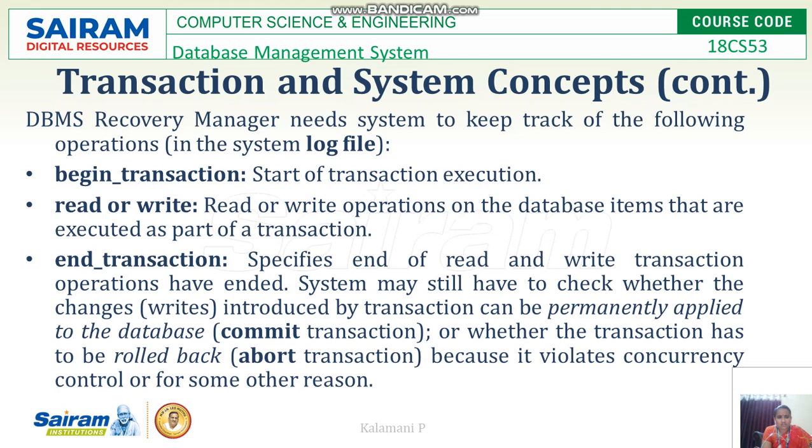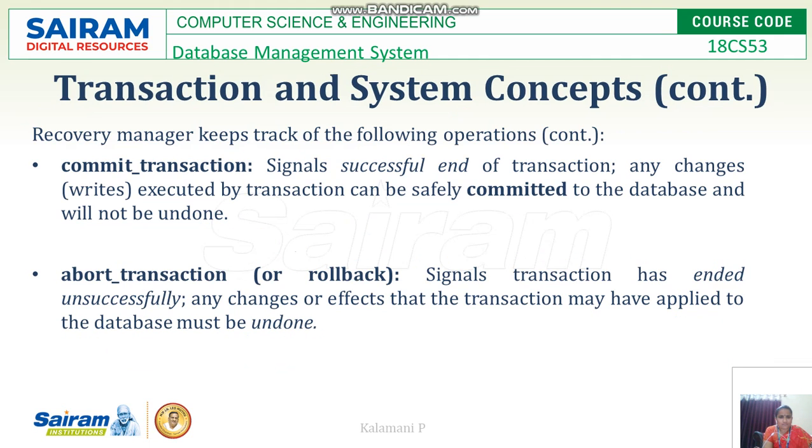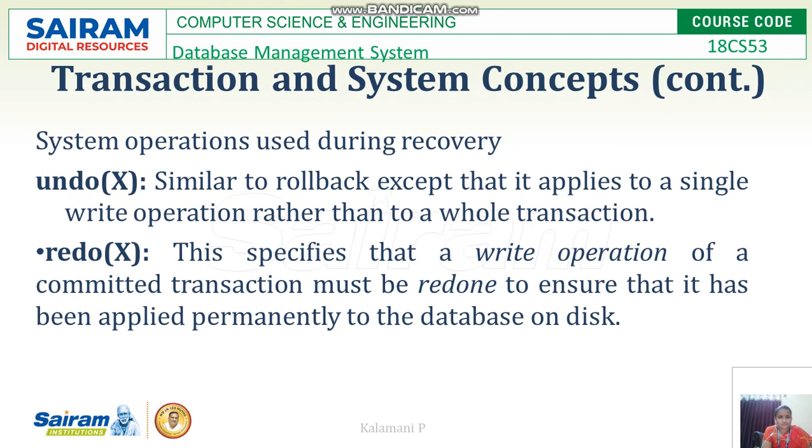Everything is stored in the log file. The recovery manager also keeps track of which transactions committed successfully and which operations were aborted or rolled back. Every piece of information should be stored in the log file by the recovery manager.